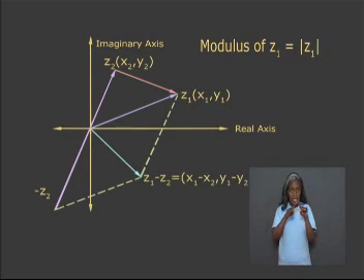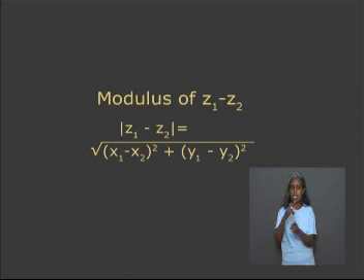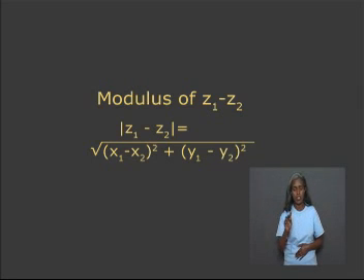The difference between Z1 and Z2 is expressed this way. It is the distance between points Z1 and Z2.